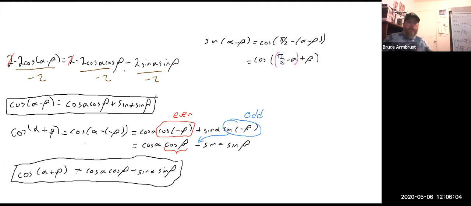Because now I've got two angles that are being added. I've got the stuff that's pink here, pi over 2 minus alpha. And I also have beta, which means we can run down to this identity that we just established.